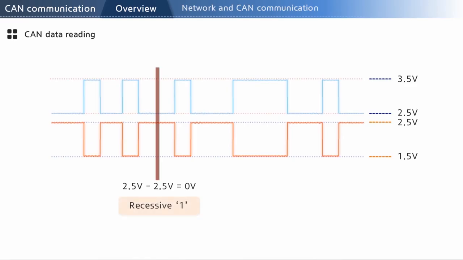This part is recessive, which is 1 in the binary numeral system. Now, look at the part where the voltage goes up to 3.5 volt in high and down to 1.5 volt in low. There is about 2 volt difference between the lines. This part is dominant and is represented by 0.